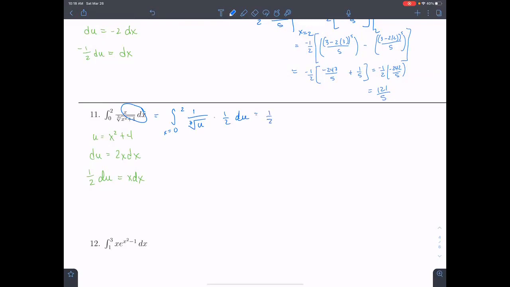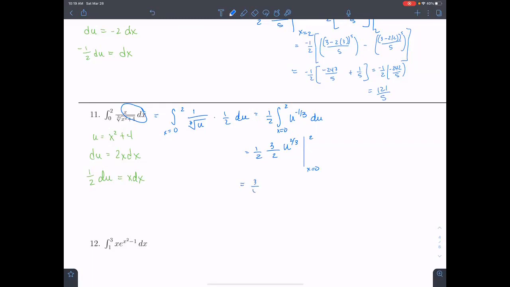So the 1/2 I'm going to take out. I have x equals 0 to 2 of u to the negative 1/3 du, which is going to be increase and divide. So u to the 2/3 divided by 2/3 would be multiplying by 3/2. There's already that 1/2 out there. And then this is going to be evaluated from x equals 0 to 2.